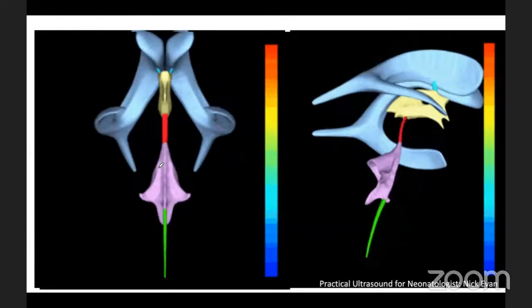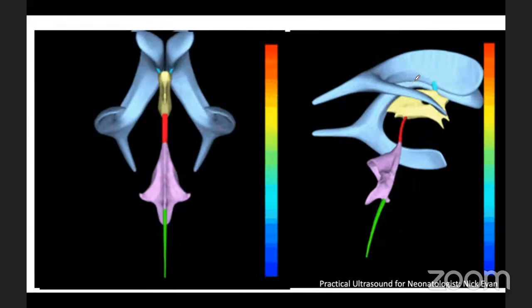So this was basically a video, and I just took this still image to show the anatomy of the ventricular system. These light blue areas are the lateral ventricles. This is the third ventricle, this is the aqueduct, this is the fourth ventricle, and finally the spinal canal.